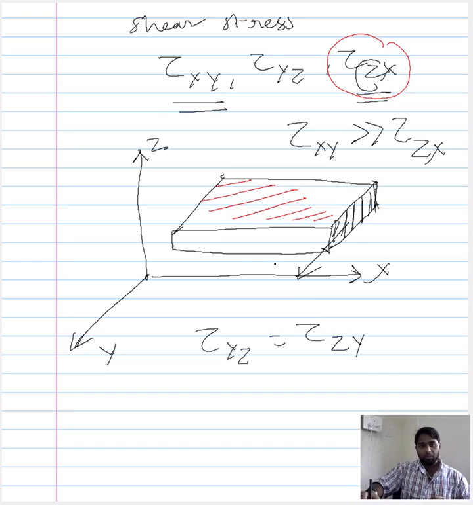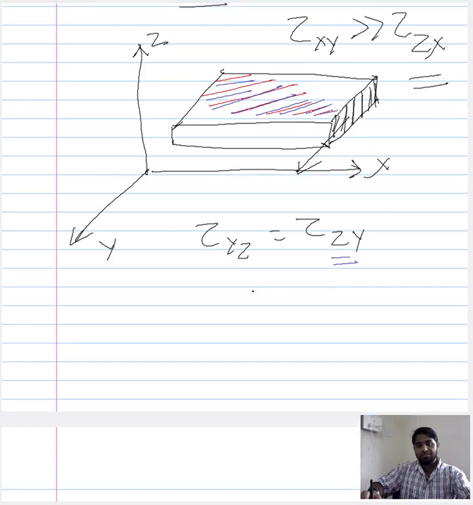Ultimately we are again talking in terms of the z plane, meaning the area to be considered is the area of the surface, which is significantly greater than the other areas. So similar to tau zx, this component, tau yz, will also be significantly lower than tau xy.